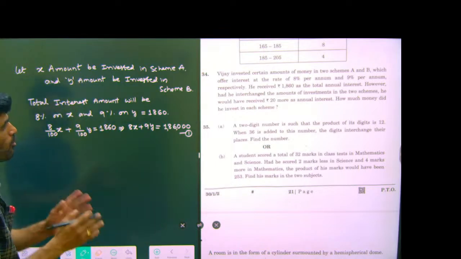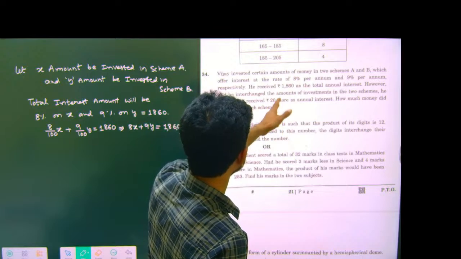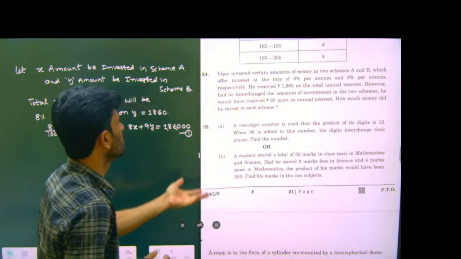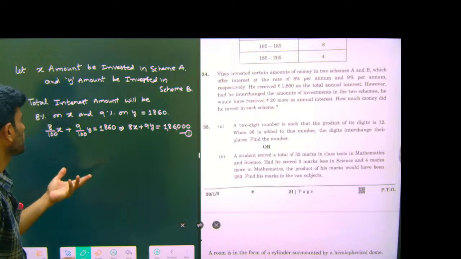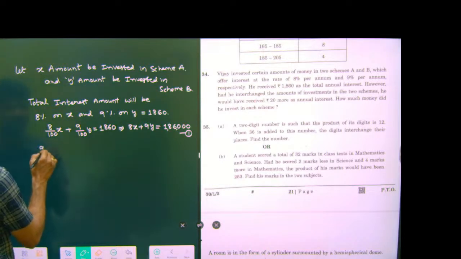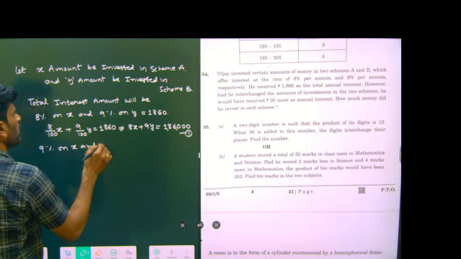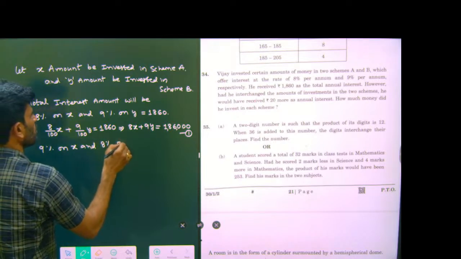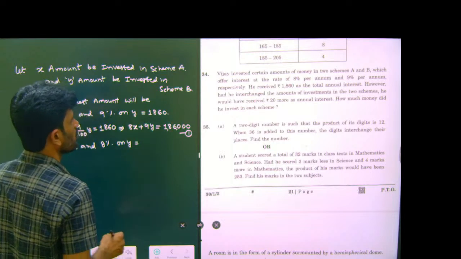Similarly, now both the amounts are interchanged. The investments are interchanged. In the second case, it is 9% on X amount and 8% on Y amount. If it is done like this, you will get 20 rupees more.